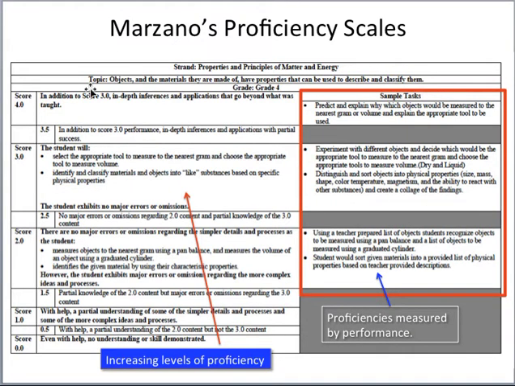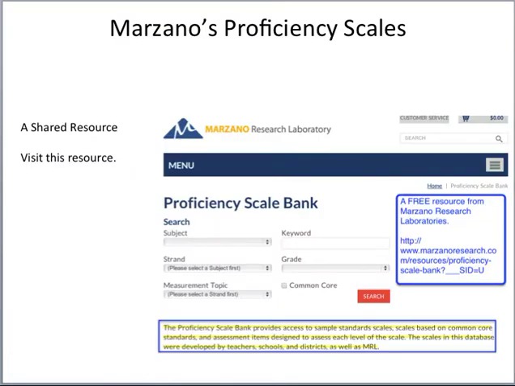Now, this proficiency scale that's on the screen now is one taken from Marzano's proficiency scale bank. And this proficiency scale bank is available at the URL listed there. You can search for it, Marzano's proficiency scales, and come to it. You have to log in, register and log in, but it's a free resource to teachers.